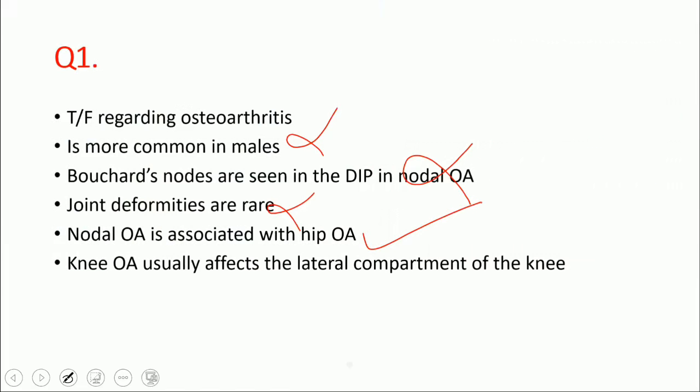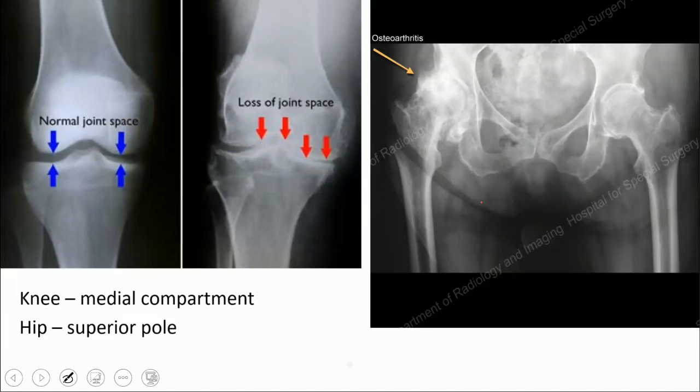Now, when it comes to knee and hip osteoarthritis, you can see the very typical X-ray changes of osteoarthritis in these radiographs. A few changes happen in the X-rays. One is loss of joint space.